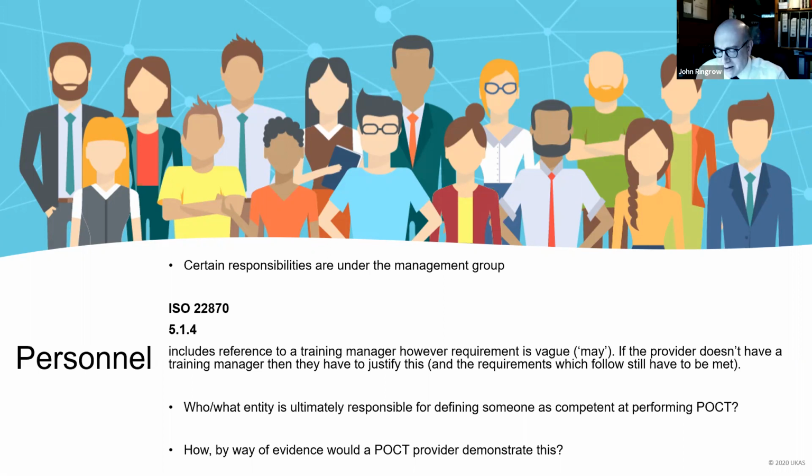So what we would need to be looking for is who or what entity is ultimately responsible for defining somebody as competent at performing point of care, and also how, by way of evidence, a point of care provider would demonstrate this. So the provider sets the competence criteria. They may train coordinators or cascade trainers.